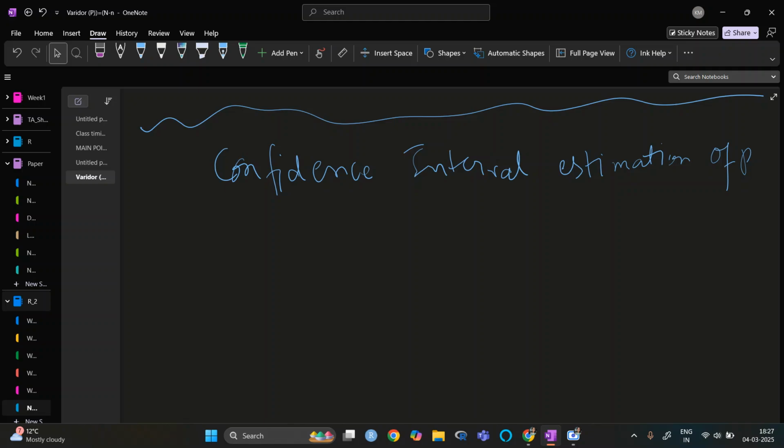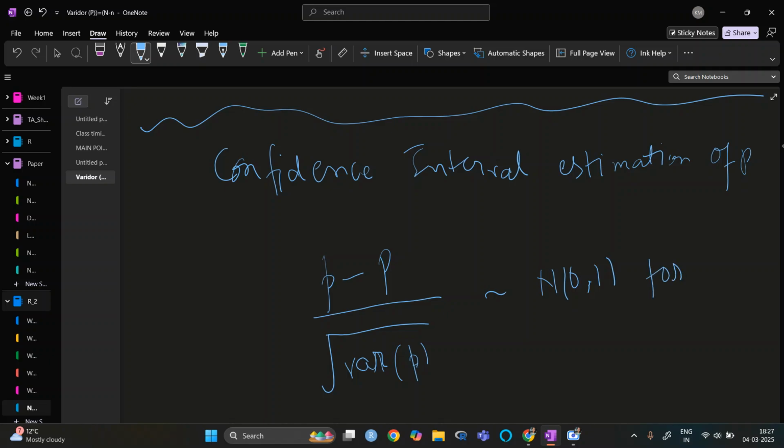Now what we know is that (p hat minus p) divided by the standard error of p hat will follow N(0,1) for large n.